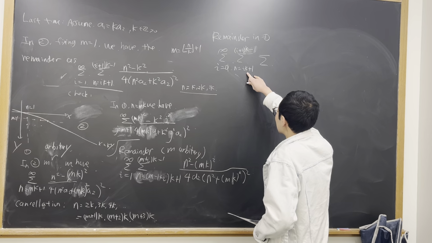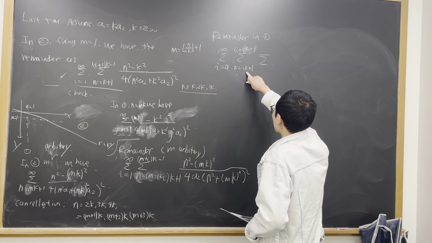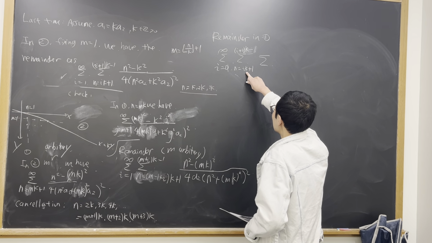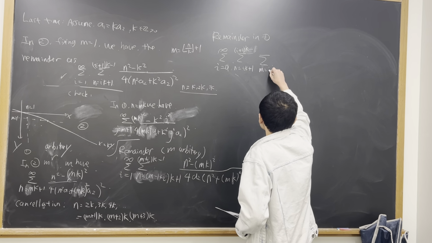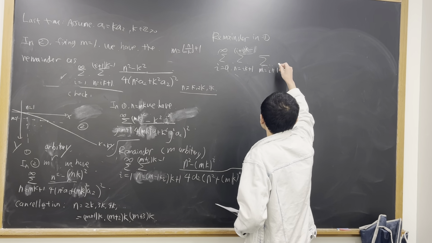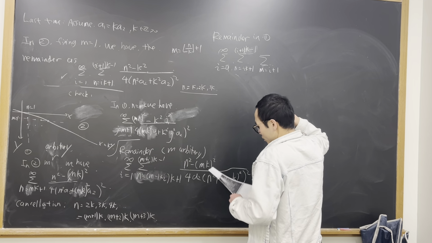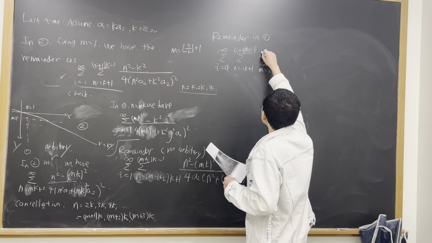And this integer part, when we divide by k, is exactly I, so it will be I plus 1 to infinity.